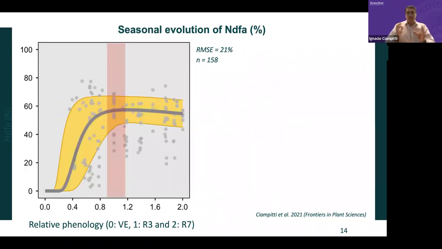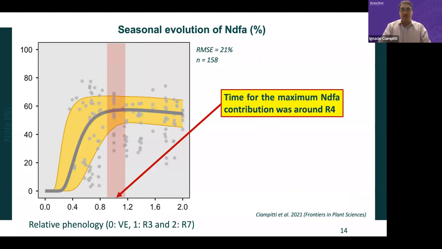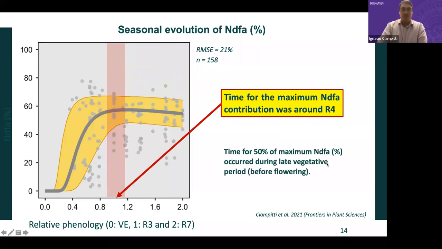And if you want to see it in a different way, looking at the proportion in percentages, you will see that on average, in many of these scenarios, we are closer to 50% of total fixation. And again, the time for maximum contribution of NDFA in this case was around R4. So very similar to what we mentioned last time, closer to the end of pod formation.